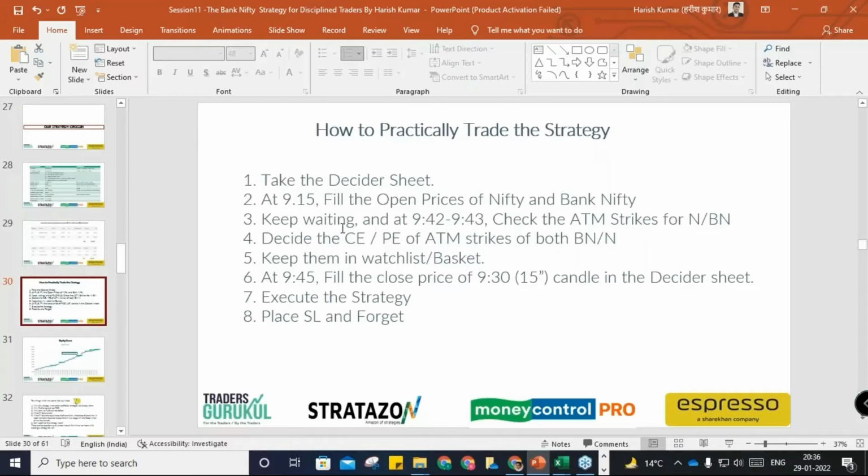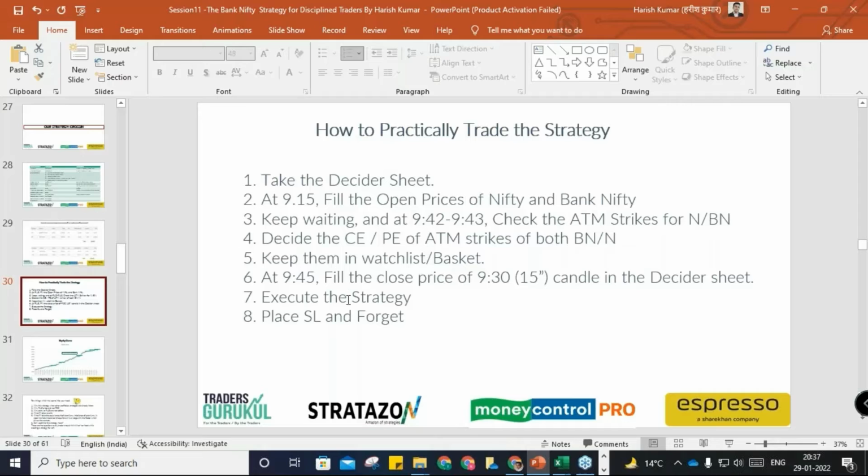Take the decider sheet, note down the 915 price for both the indexes, Nifty and Bank Nifty. Keep waiting at around 942, 43, and if you think that you are fast, at 944 check the ATM strikes for Nifty and Bank Nifty. Decide the call option and put option of the ATM strikes of both Bank Nifty and Nifty, and remember these are the spot prices, not the future prices.